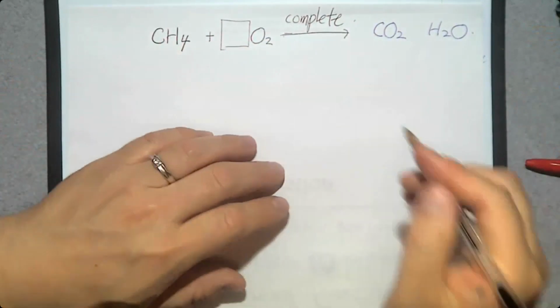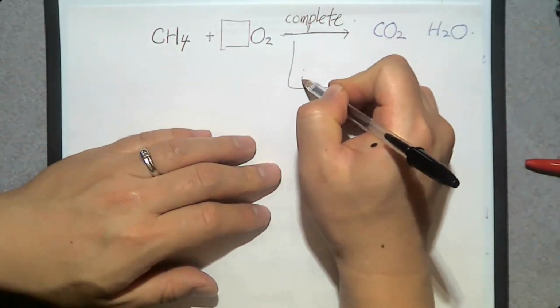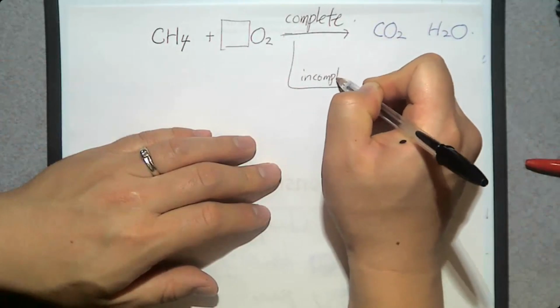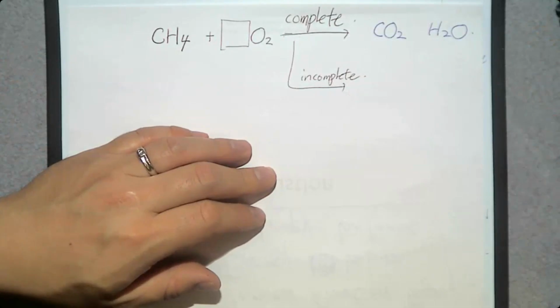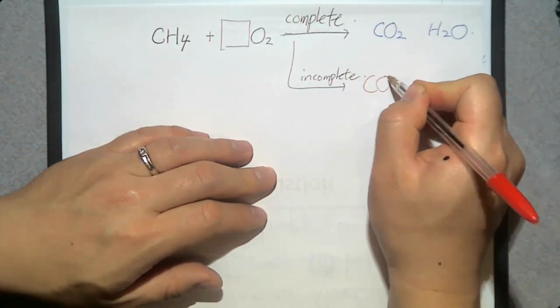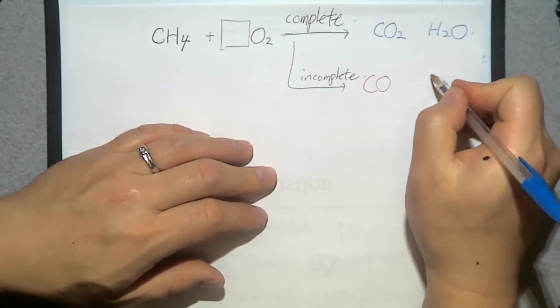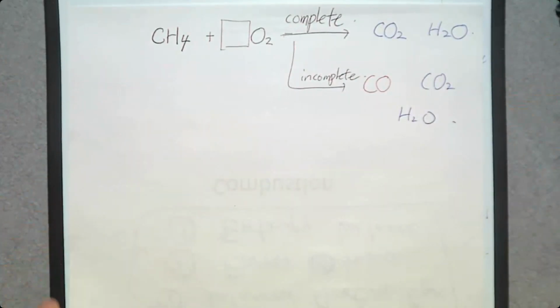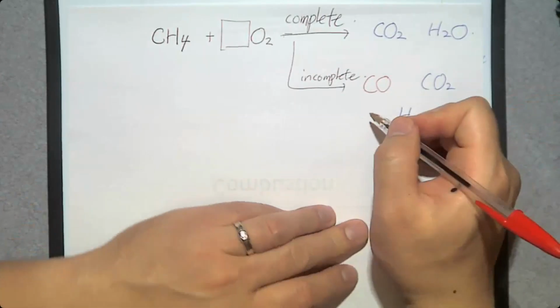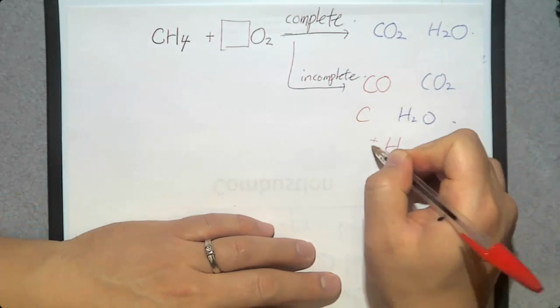If it is incomplete, then we may have carbon monoxide and CO2 and H2O. Or even C or H, etc.